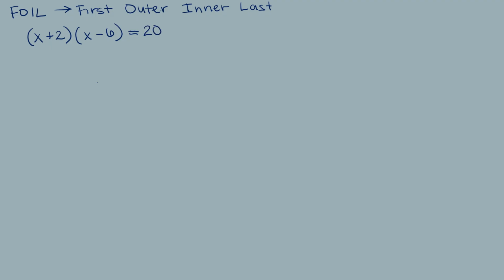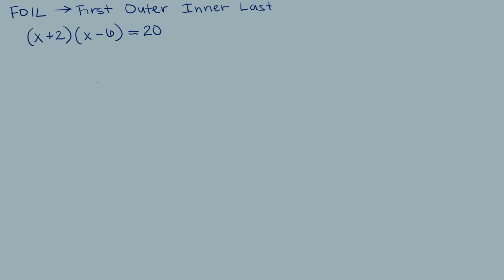So if we're going to FOIL, we're going to FOIL so that we make a longer equation, so that we can find the numbers that x could be equal to when we set it to 0. It's going to make more sense when I factor it out, but that's the goal. Because we want to set this equal to 0.